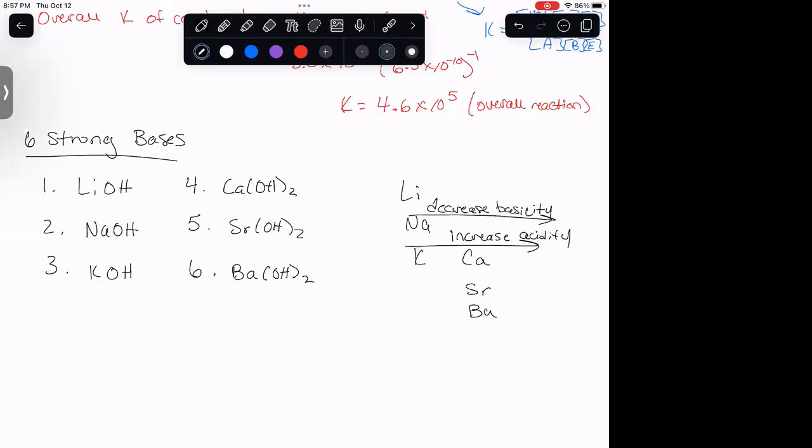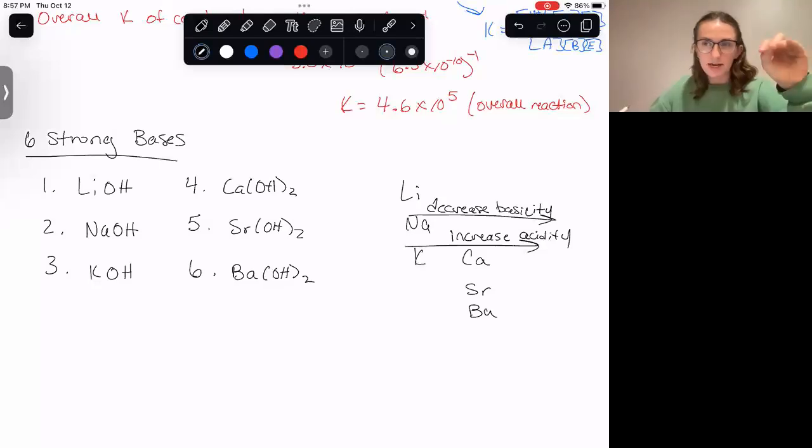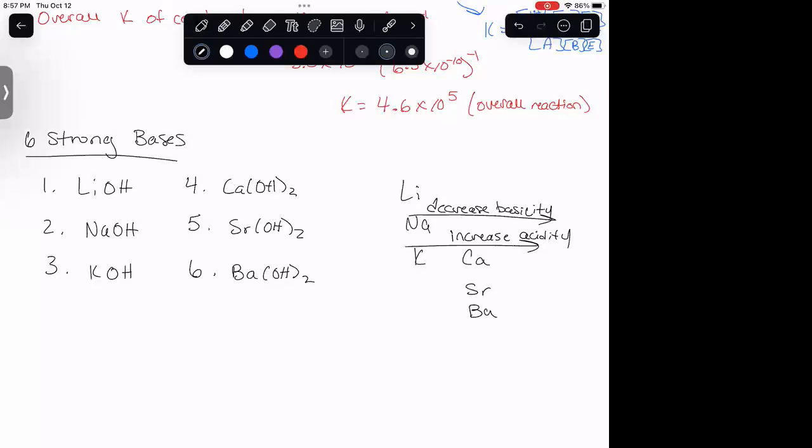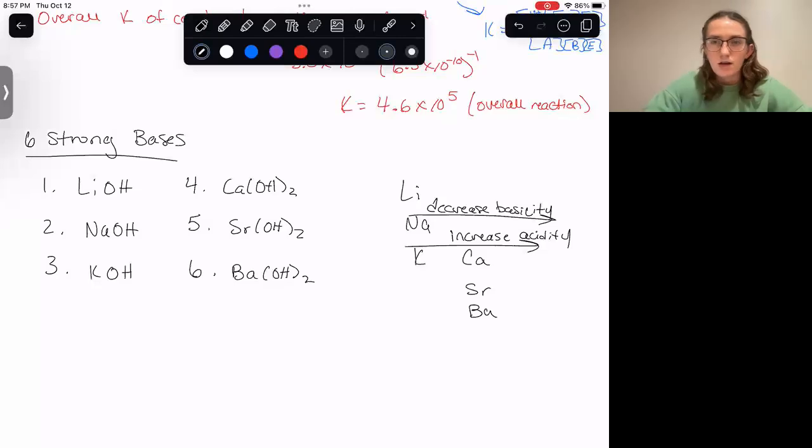I think generally your potassium should be stronger than your calcium, and then the rest you know based off of it going down. Yes. Okay, thank you.